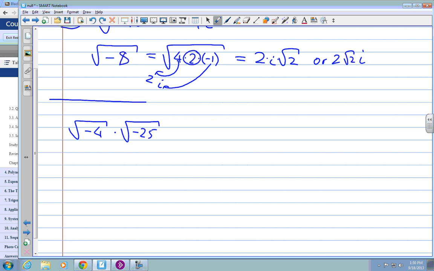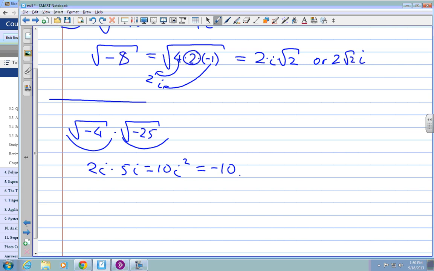Square root of negative 4 is 2i, and square root of negative 25 is 5i, so you'll get 10i squared, which is negative 10.